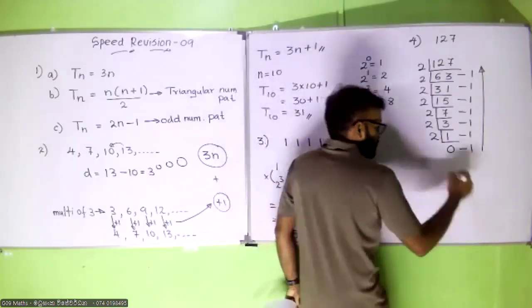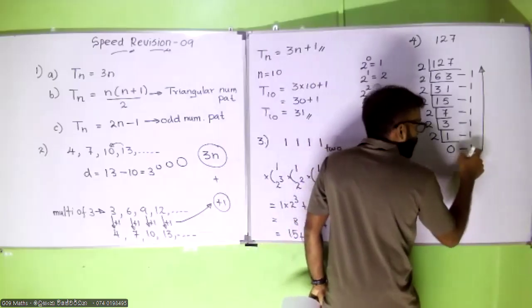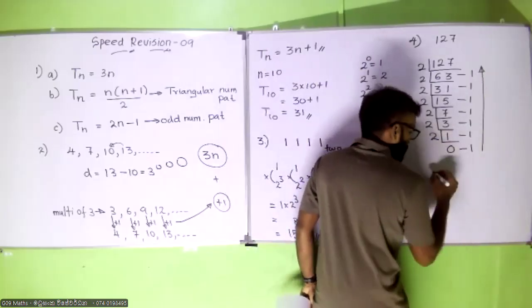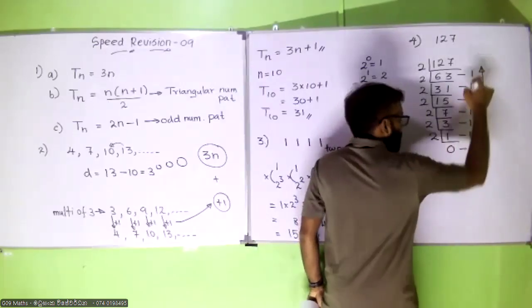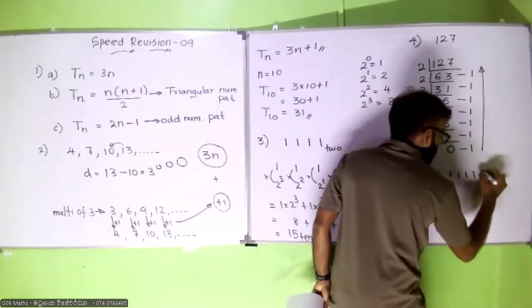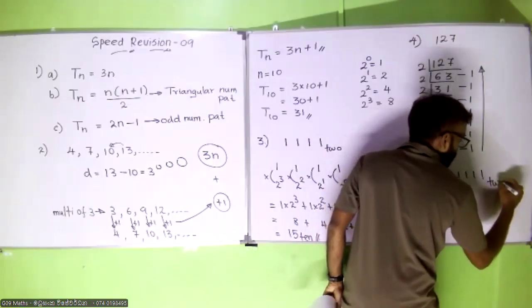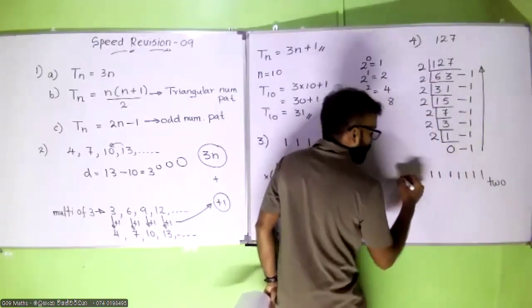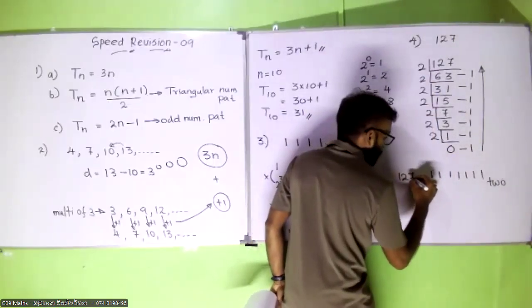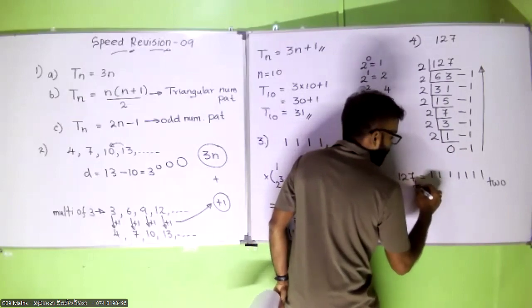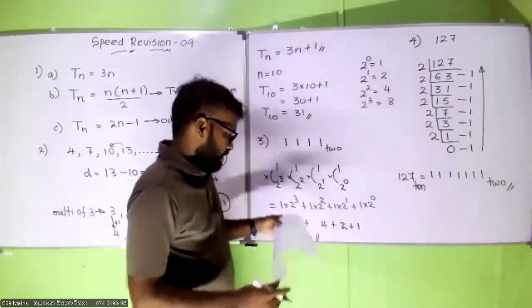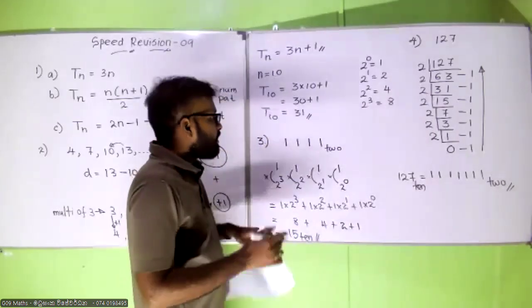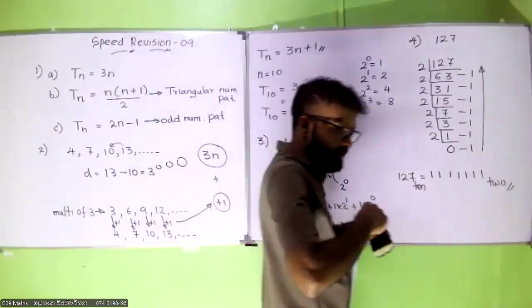So your answer will be 1, 1, 1, 1, 1, 1, 1 with base 2. So you are converting 127 base 10. If you want, you can write that.